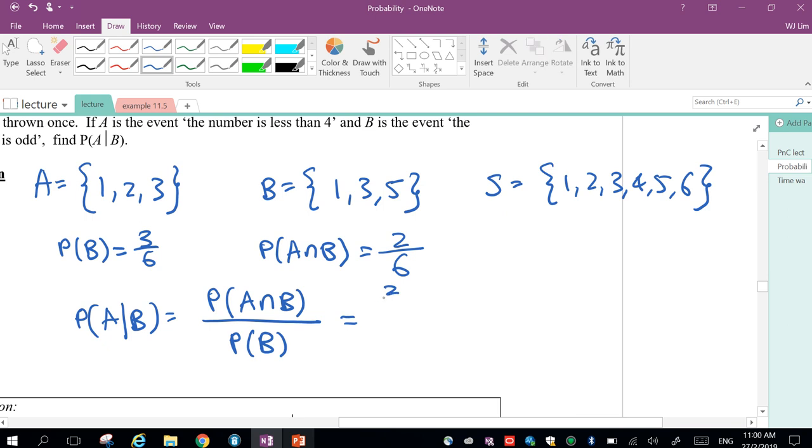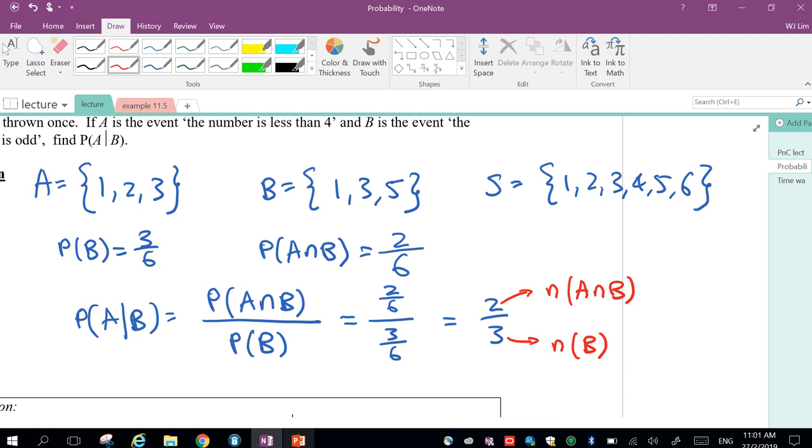So it will be 2 over 6 divided by 3 over 6, so it becomes 2/3. Do you notice that this 2 is the number of elements in A intersect B, and this 3 is the number of elements in B? So one way is to use the formula.